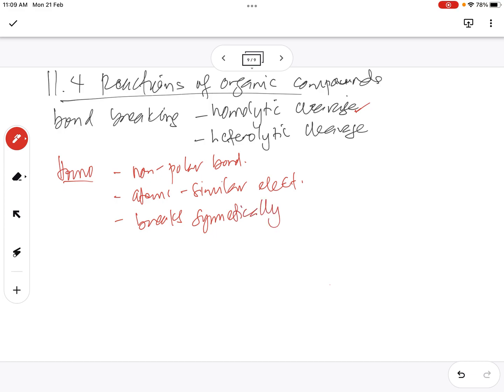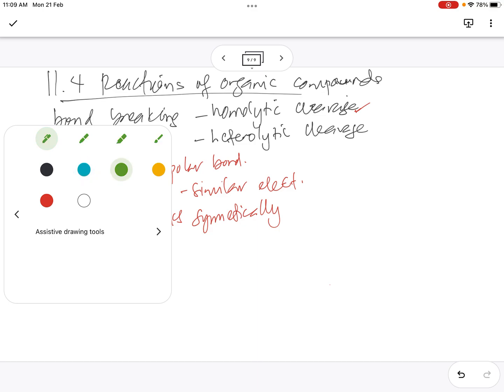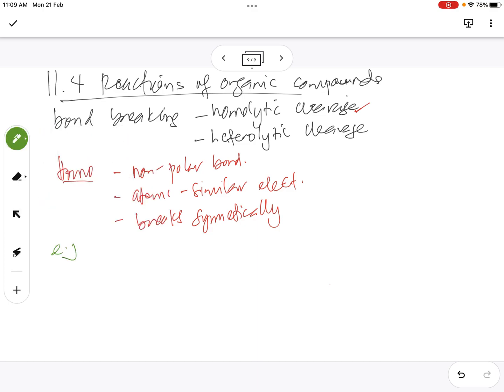To make it easier, we look at the example. Example will give you a clear understanding. Let's say I take bromine molecule. Under the sunlight, it will break into two atoms, and then we will have a dot here.